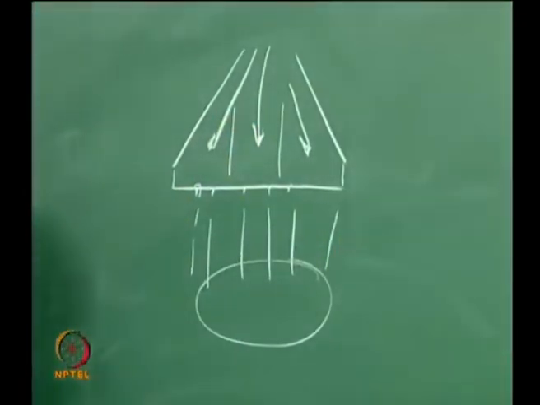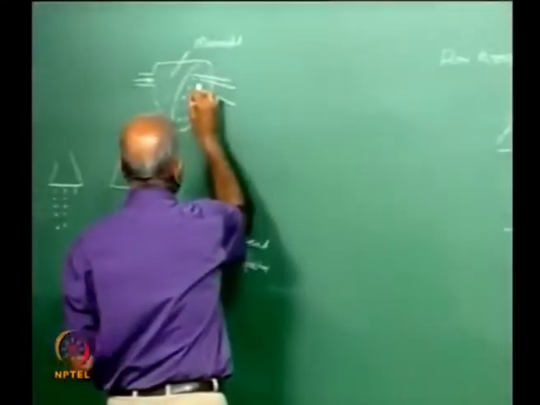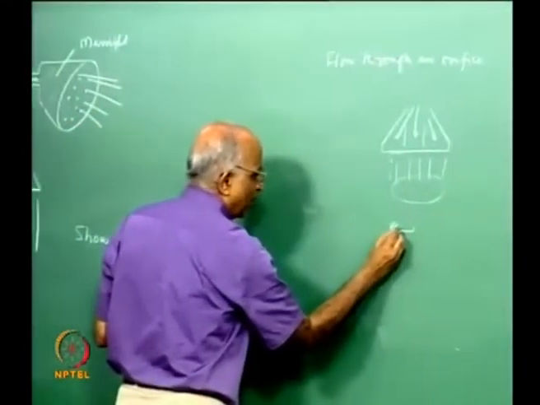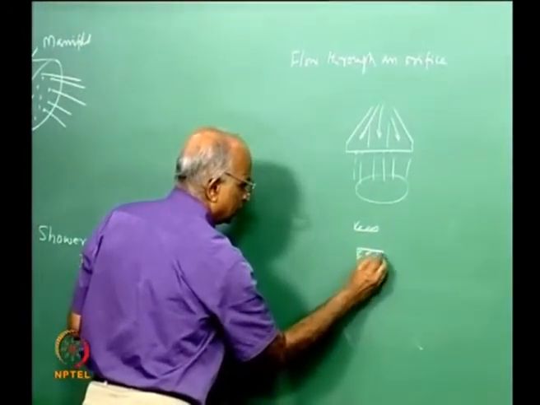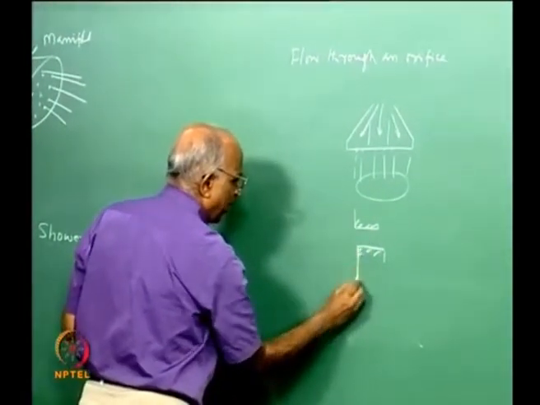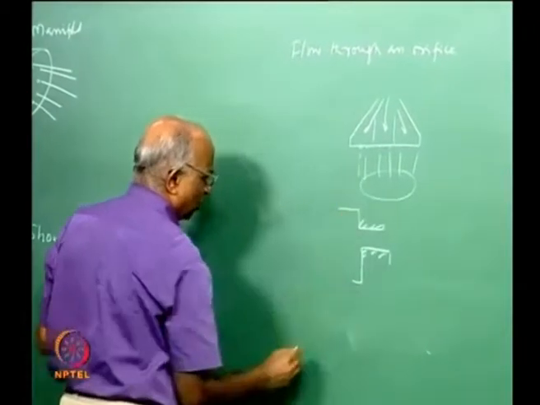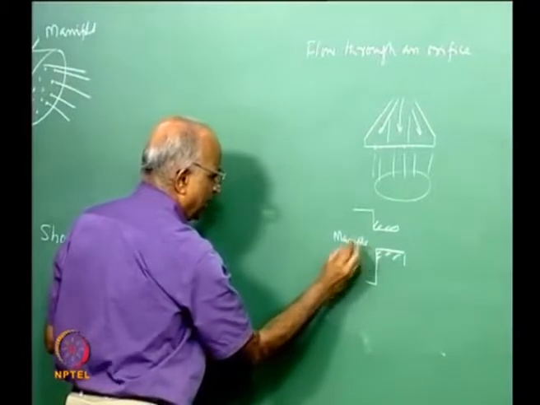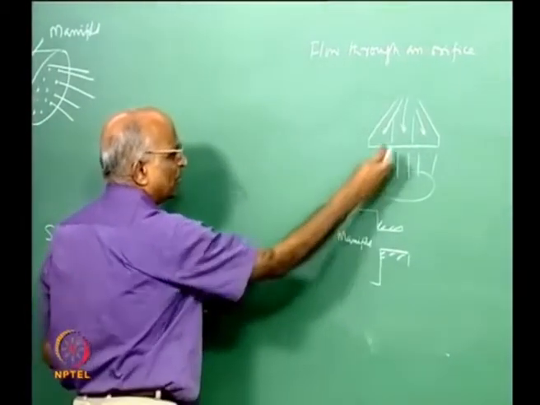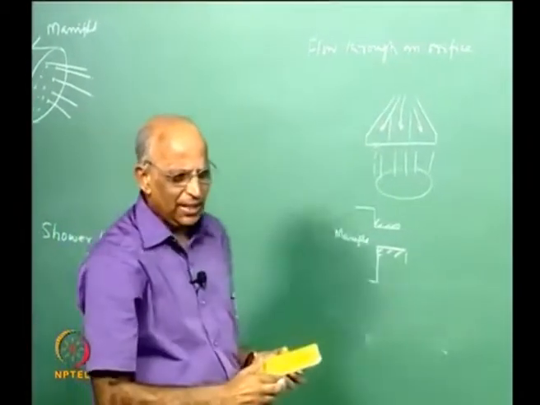Let us say I now exaggerate one such hole, I say this is my hole over here, this is my manifold here, I have a lot of such holes. Since the volume in the manifold is large, let us again take a look at this.